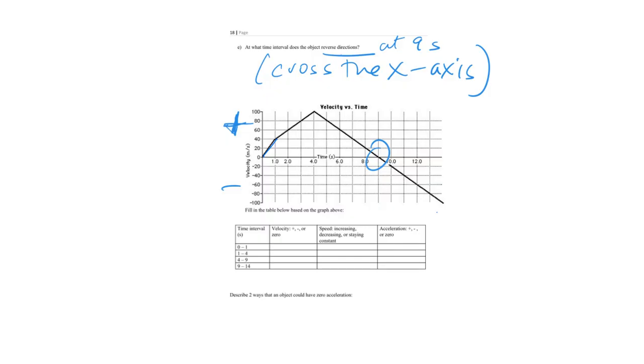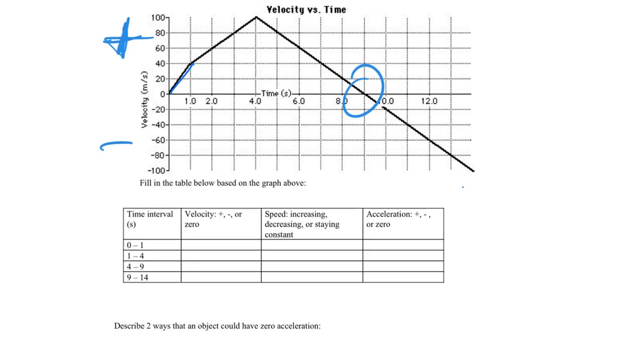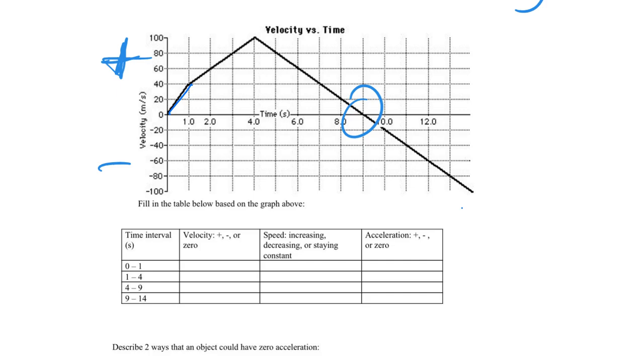Throwing a blank. Is the velocity positive or negative? Okay, so now I'm asking you about the sign of velocity, and again, anything above the x-axis is positive, anything below the x-axis is negative. So this is above the x-axis right here. 1 to 4, still above the x-axis.